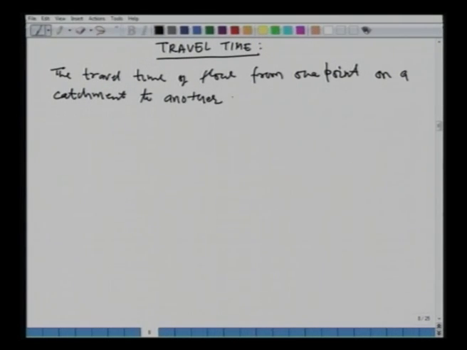And when we are saying another, it is normally the outlet we are looking at, but not necessarily. It could be between any 2 points also. It can be deduced from the following equation.